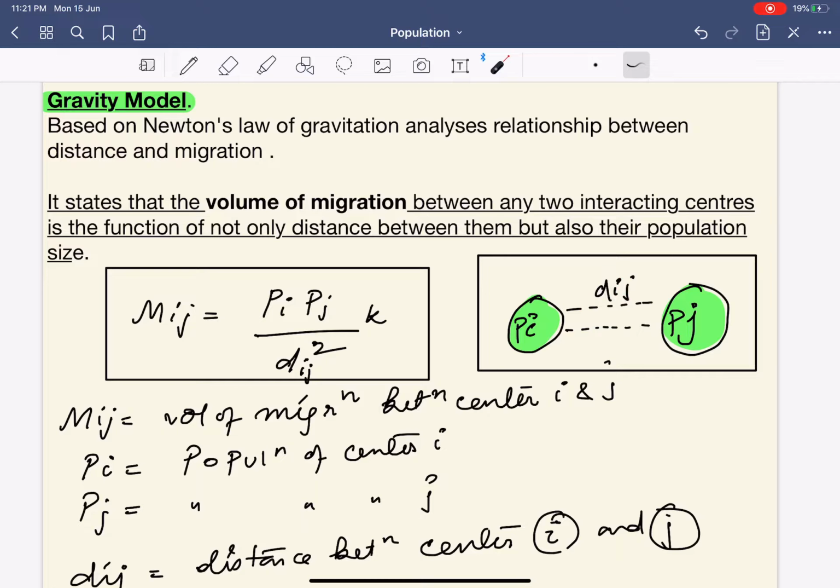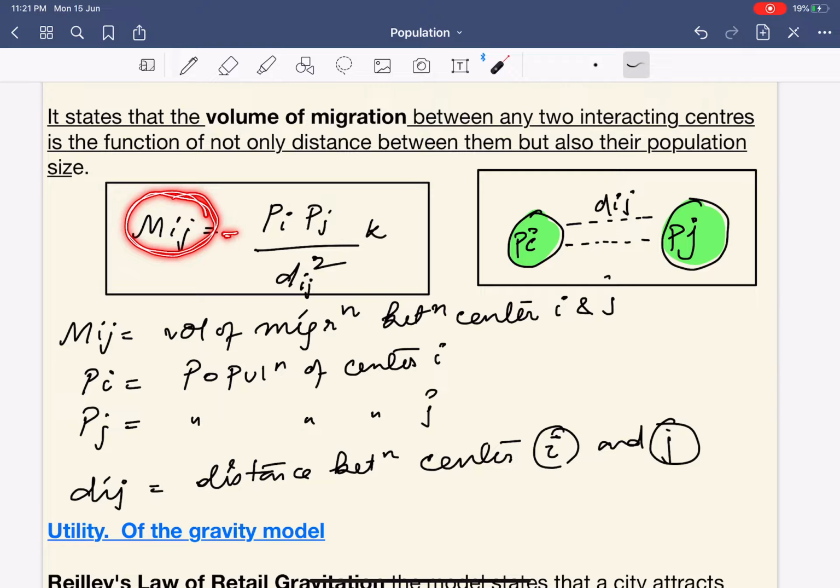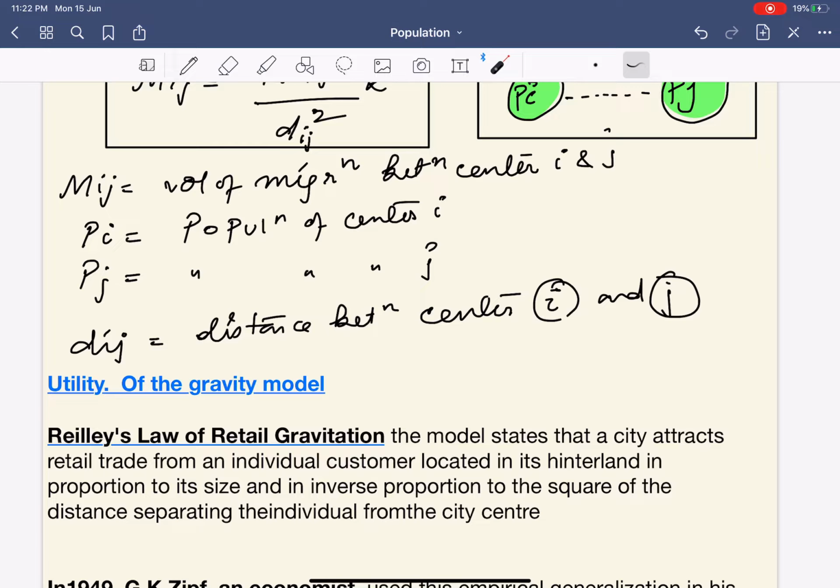It states that the volume of migration, Mij, is directly proportional to Pi into Pj, that is, the product of the population of each center, and inversely proportional to the distance between them, dij square. This is the basic rule of the gravity model.